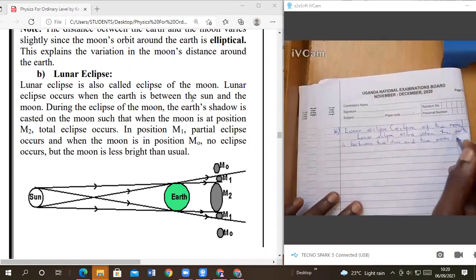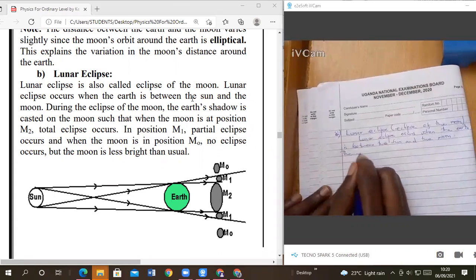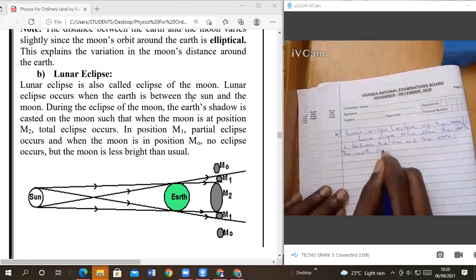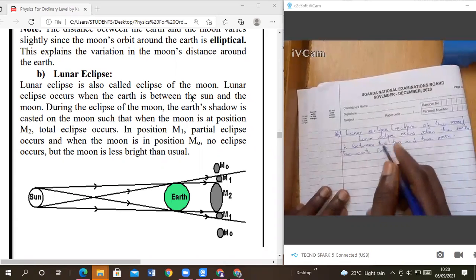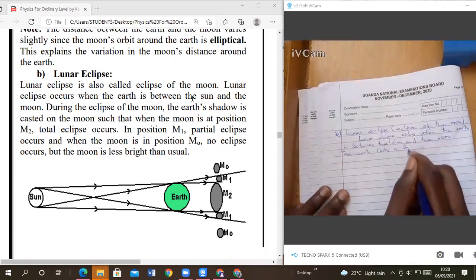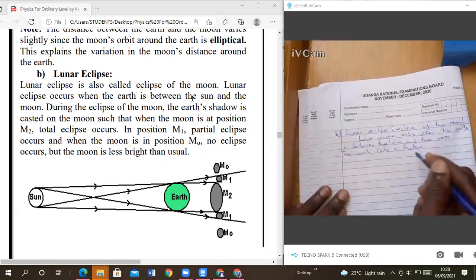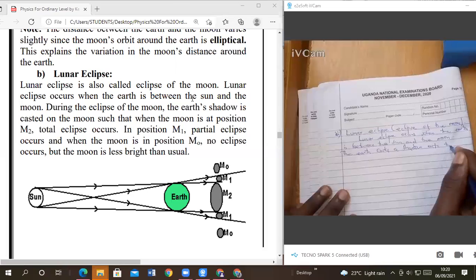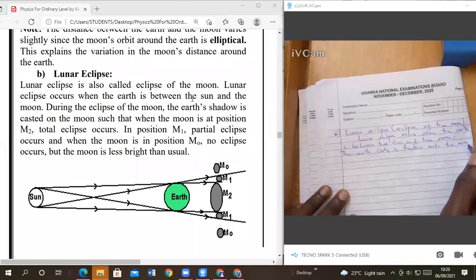Full stop. The earth casts a shadow onto the moon.